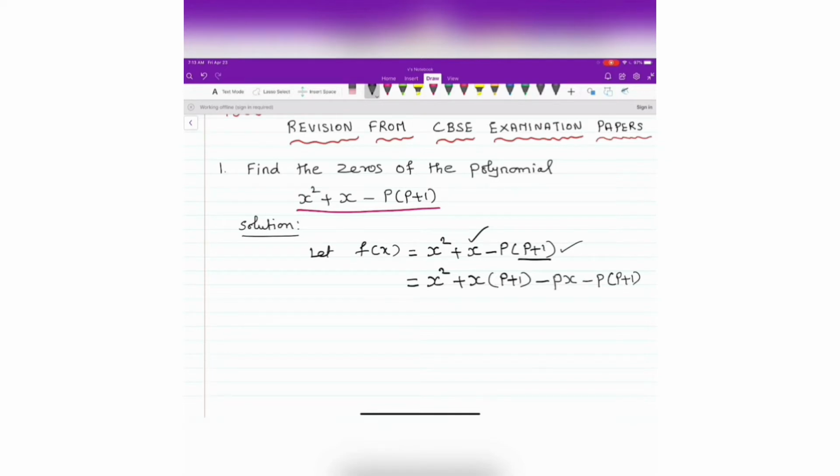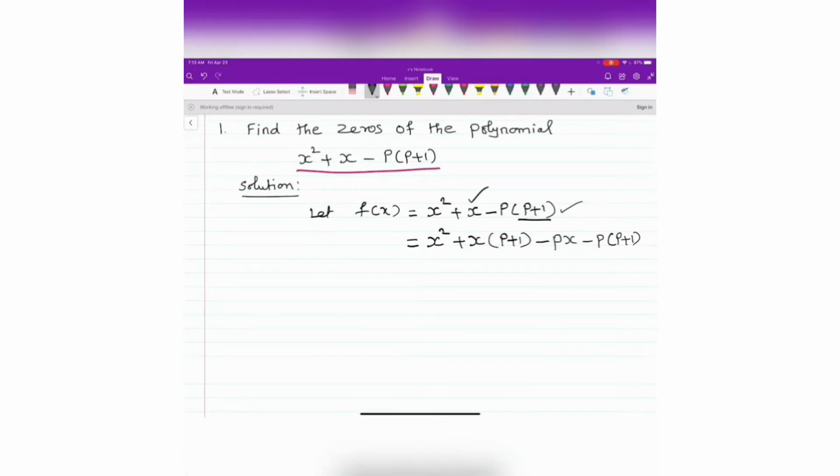Now, it is possible to get the factors. Now, combine x square plus x into p plus 1. Here, you can take out x as common factor. Then, inside you will have x plus p plus 1.